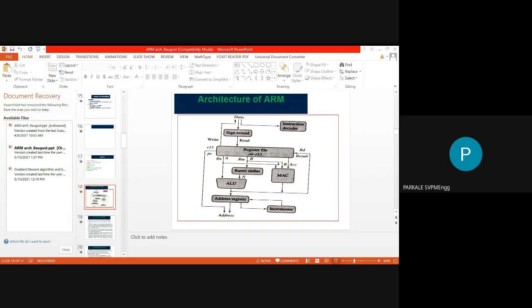This value becomes 2, and what was this? This was a 1. So this is called a multiply by 2 operation. That means if I shift any number towards the left side by 1 bit, it is called a multiply by 2 operation.